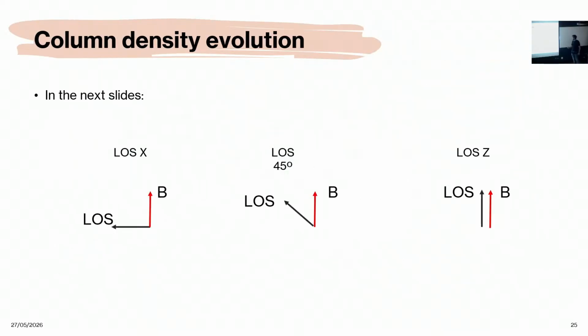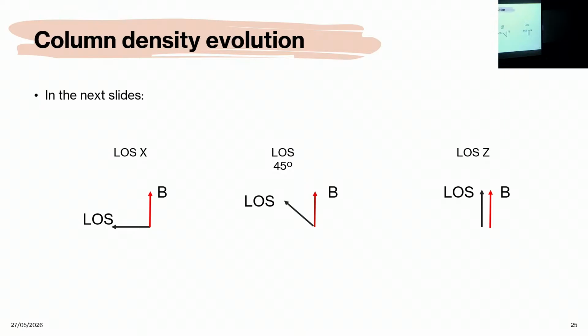And then I'll show 2 slides next. From left to right, what I did is consider an initial line of sight perpendicular to the initial average B. Initially the B is along Z, and as we go to the right, we get a 45-degree angle, and the last one is completely parallel to the initial magnetic field.